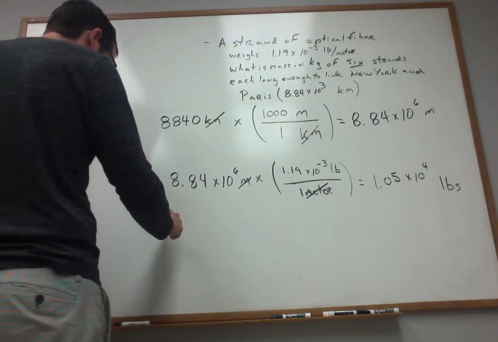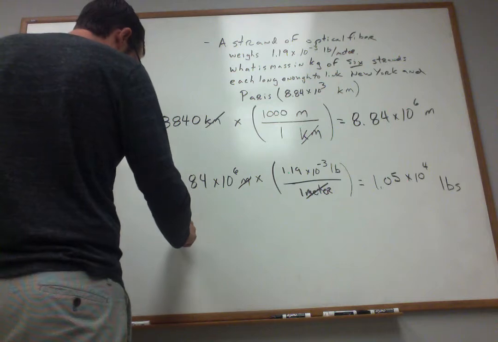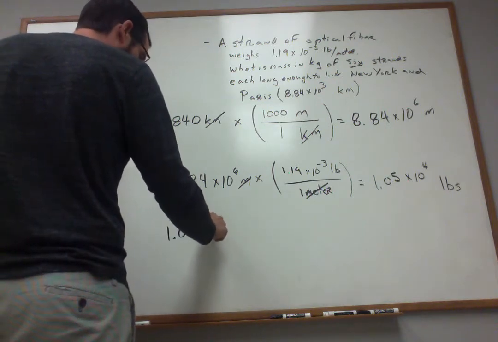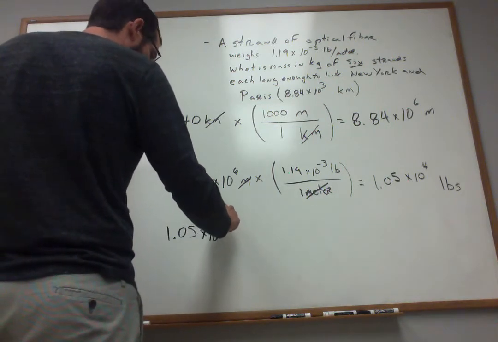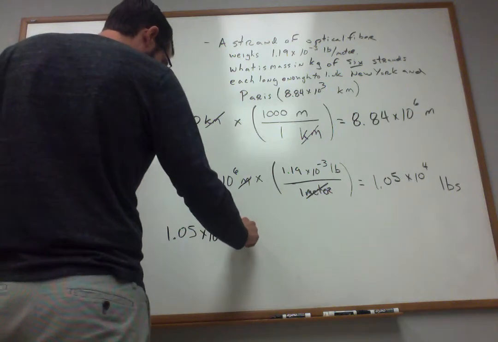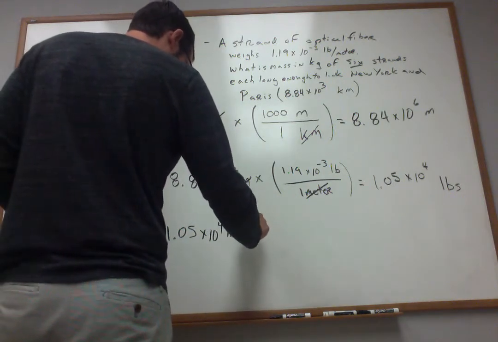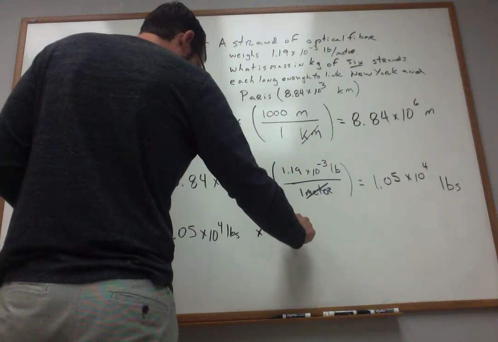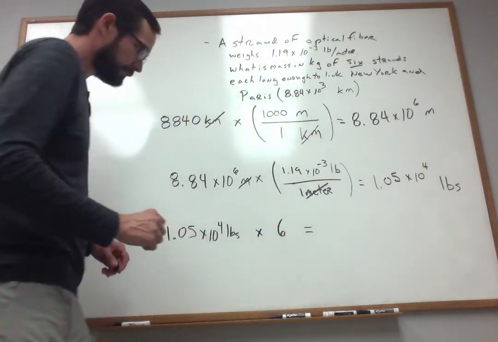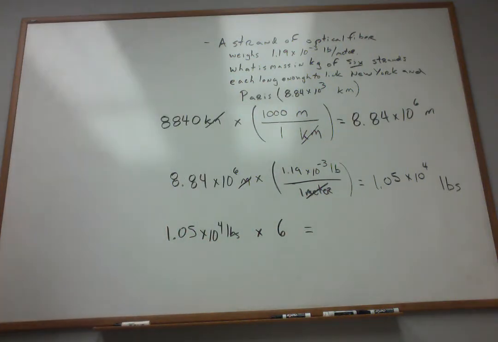Now if I know the mass of 1, I can probably figure out what the mass of 6 is. I just got to multiply, right? So instead of having 1, just multiply by 6, because I'm talking about 6 fibers, right?